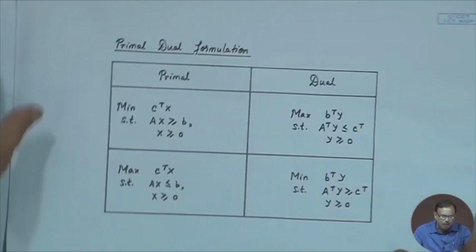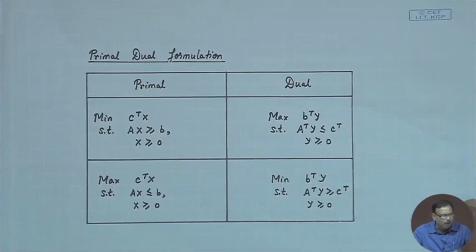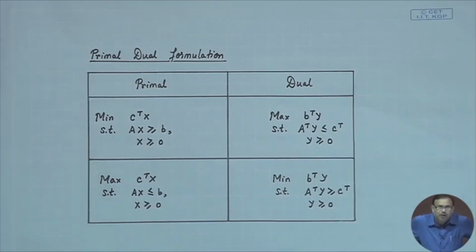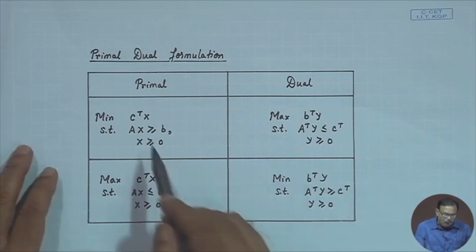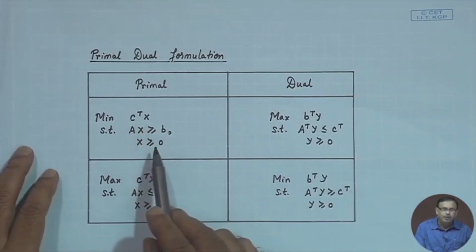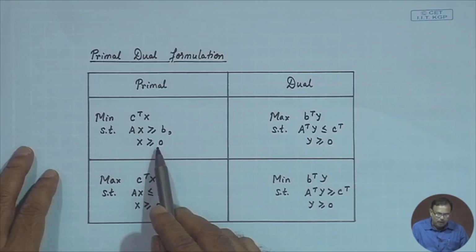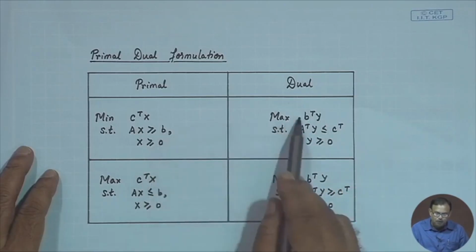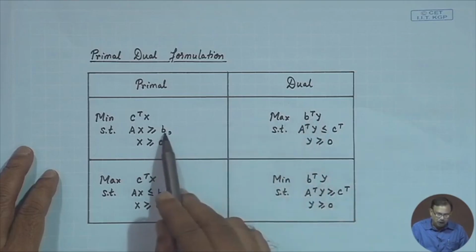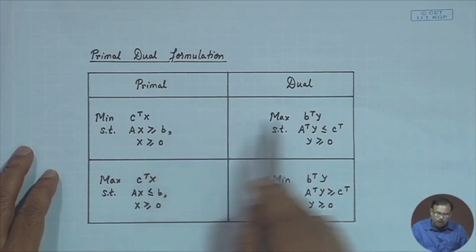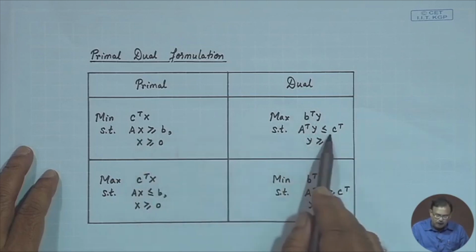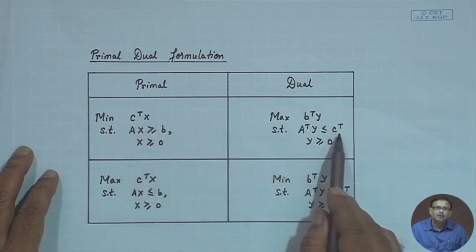So, we can say that in your primal-dual formulation, you have the primal problem, and you can write it in this form: minimize C transpose X subject to Ax greater than or equal to b, x greater than or equal to 0, where its dual will be maximize B transpose Y, some new variable we are writing. So here the resource will be this one, B transpose Y, subject to A transpose Y less than or equal to C transpose.